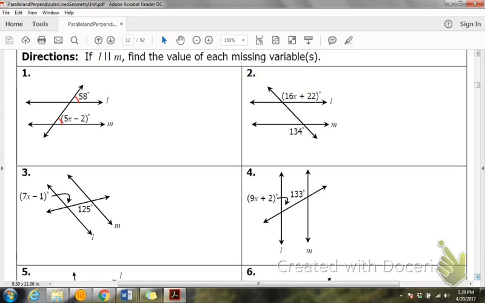Okay. So what I'd like for you to do, please, it doesn't say this in the directions, but I'd like for you to write in the box what kind of angles they are first. You can abbreviate. And we know that corresponding angles are equal to each other, right? So we're going to go ahead and set these two angles equal to each other. 5x minus 2 equals 58.